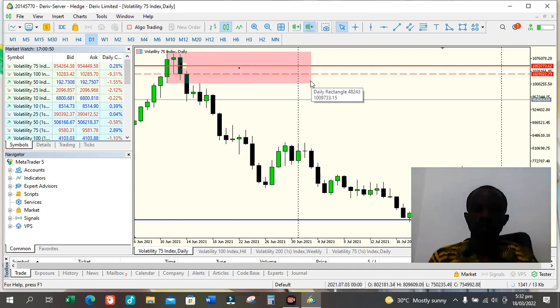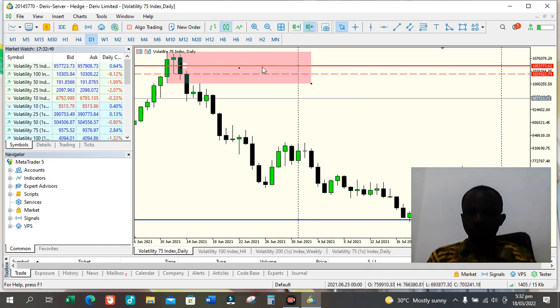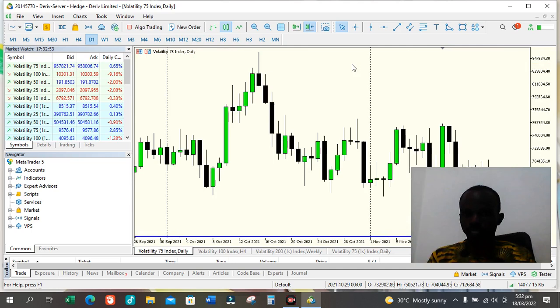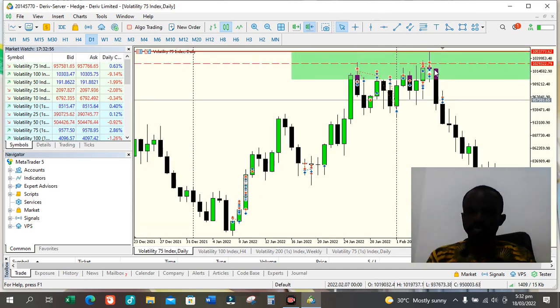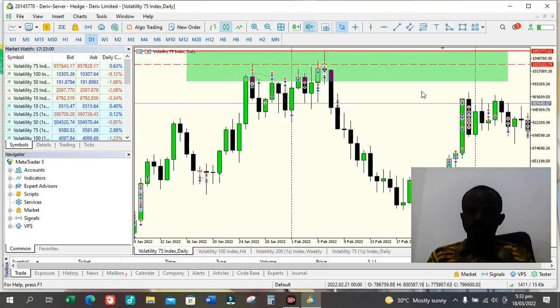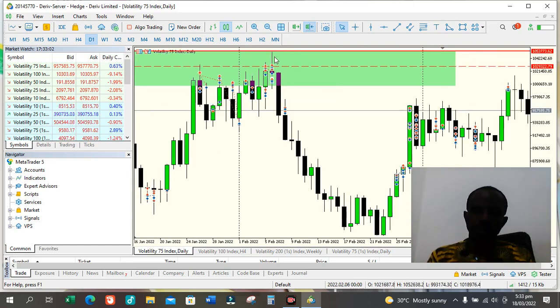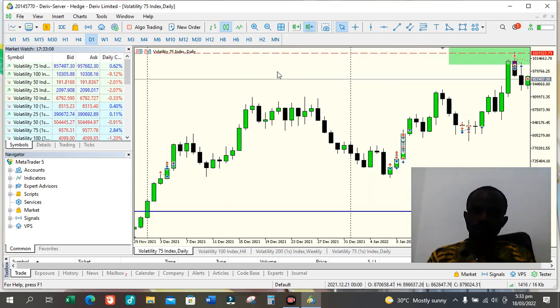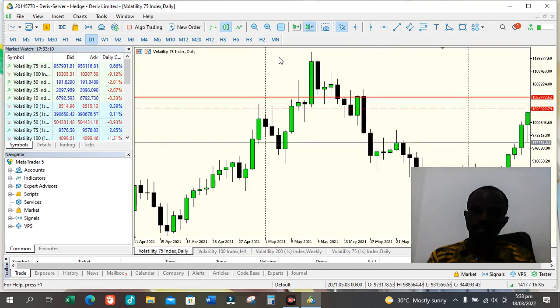All right, so let's move on. We have established why price had to trade to this point and then got rejected from this point and then traded down. This is where price touched the mean threshold, and then the rejection followed.